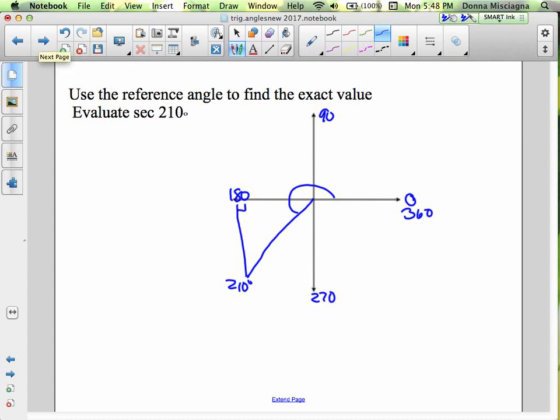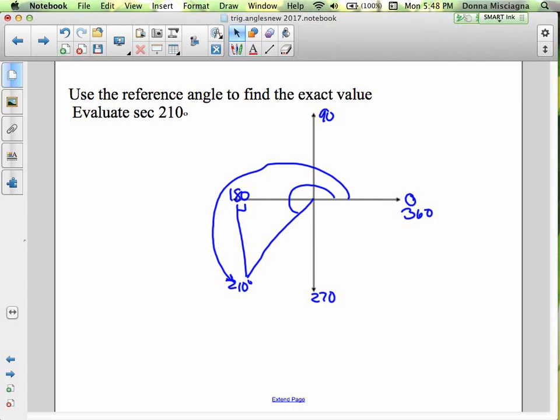This whole angle from here to here, that's 210 degrees. Our reference angle is right here, and that just goes from here to here. It's the angle in the triangle. So notice that if we take away 180 degrees, all of this, to 180, we'll have our reference angle.